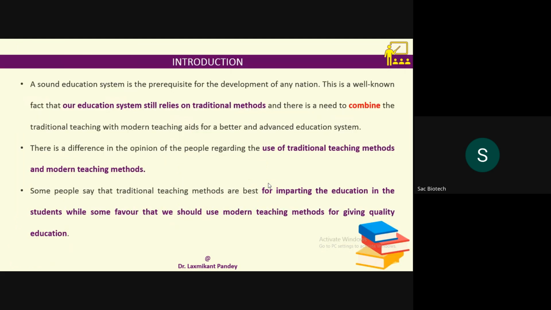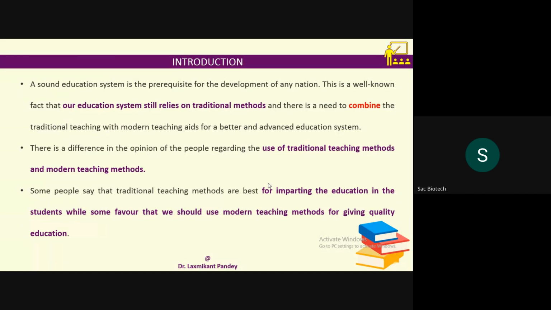Okay. So first of all, the introduction. If you look at the present scenario of teaching methodology or the education system, we still rely very much on the traditional methods. But apart from traditional methods, there are many methods which can help those traditional methods in a very effective manner.